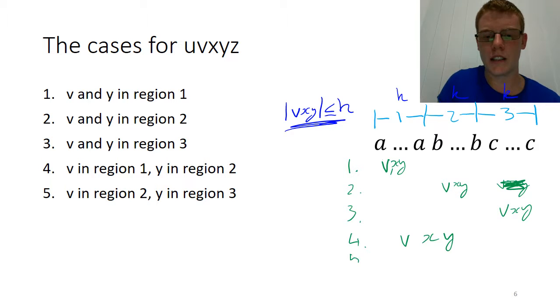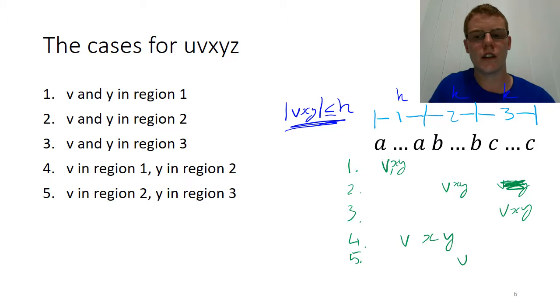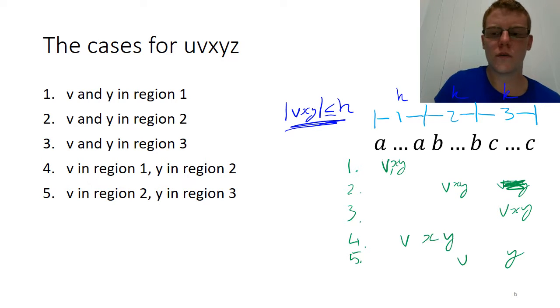And our fifth case is a similar one where the V is completely in region 2 and Y is completely within region 3. So I'd like you to maybe pause this video for a second here and see if you can think of any other cases that can happen subject to the conditions that VXY is less than K and V and Y are not both empty.